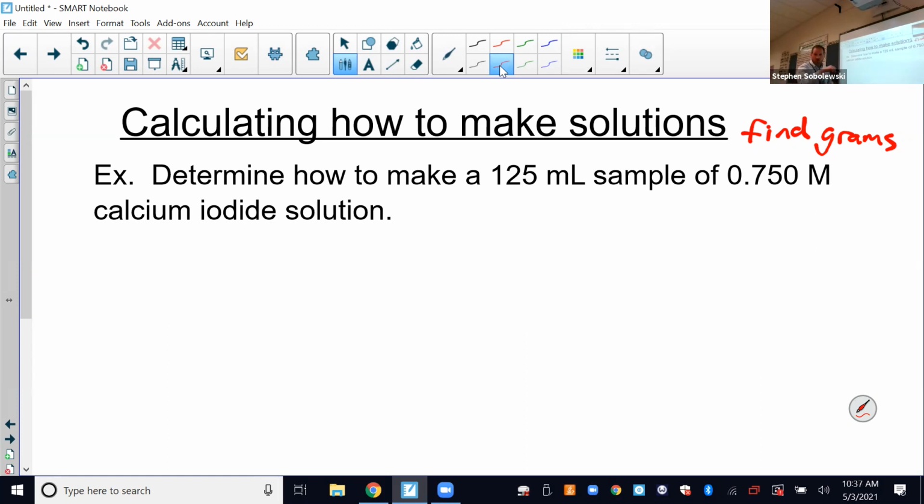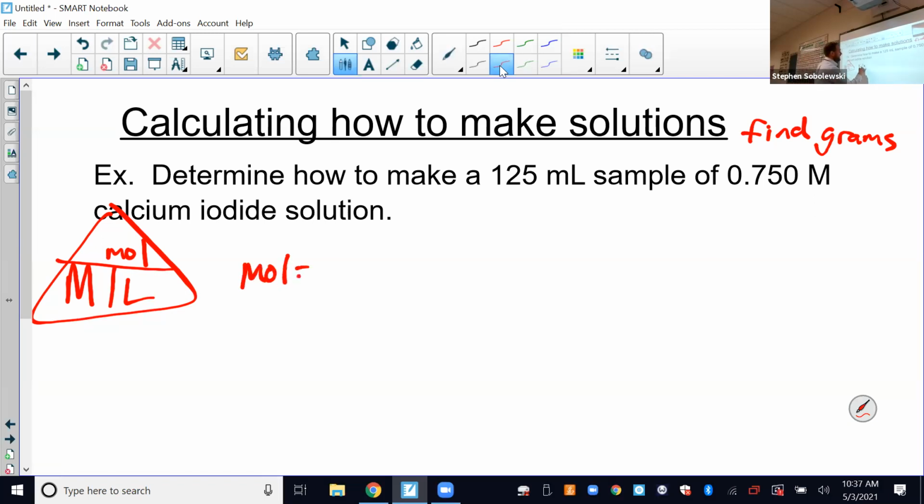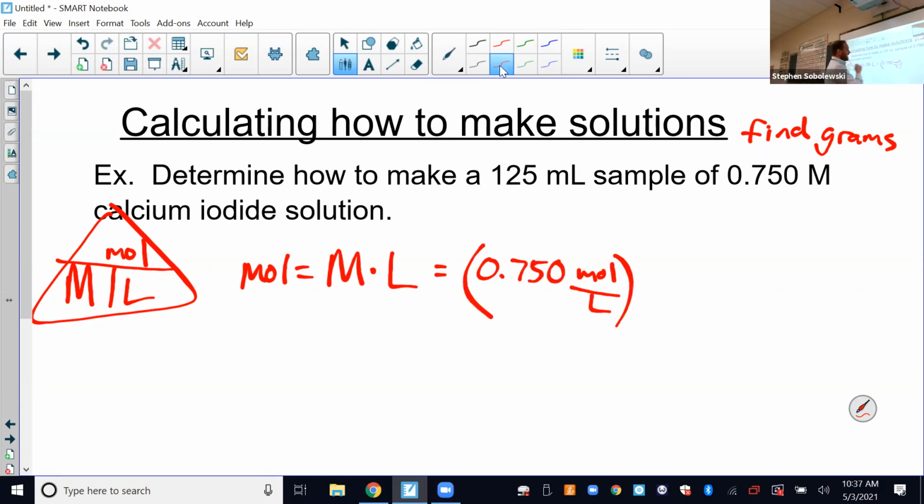All right, so let's work through this one. We're looking for moles, which we can then solve for grams. So molarity equals moles over liters. So that's our triangle. To solve for moles, it's going to be molarity times liters. So moles equals molarity times liters, which is 0.750 moles per liter times liters. 125 milliliters is 0.125 liters.